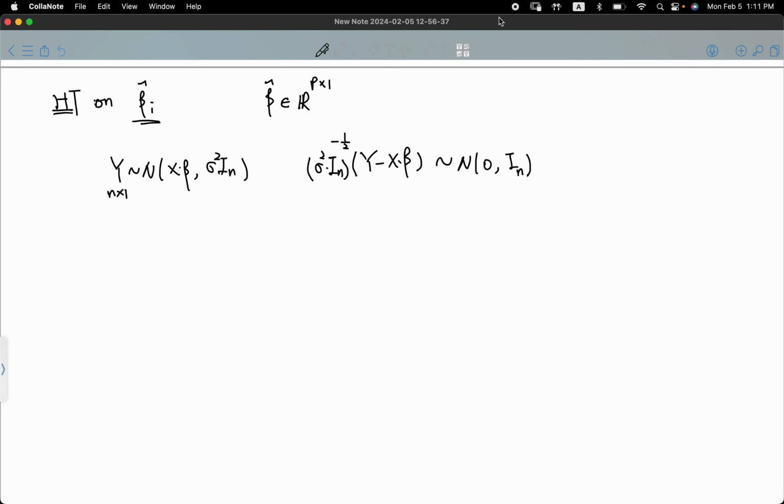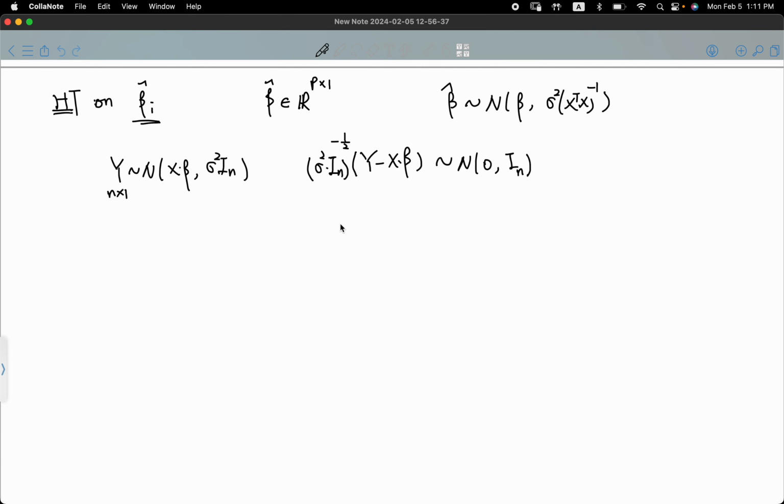Similarly, we also have beta hat following a normal distribution centered around the true beta with covariance sigma square x transpose x inverse. This all comes from the previous discussion, so you can refer to that for details.